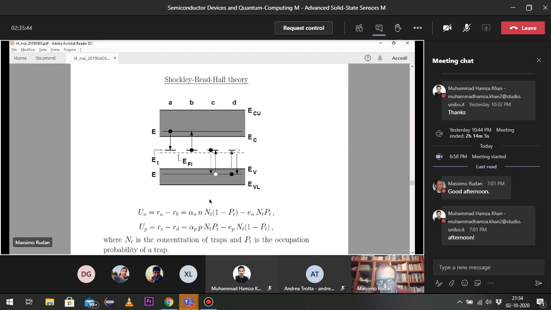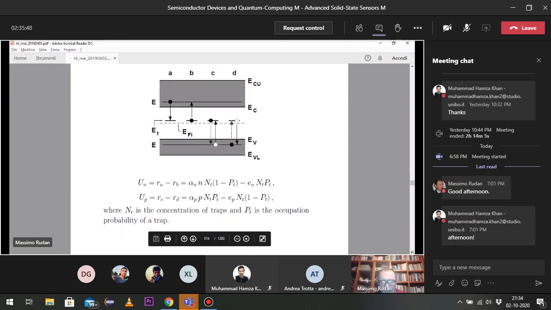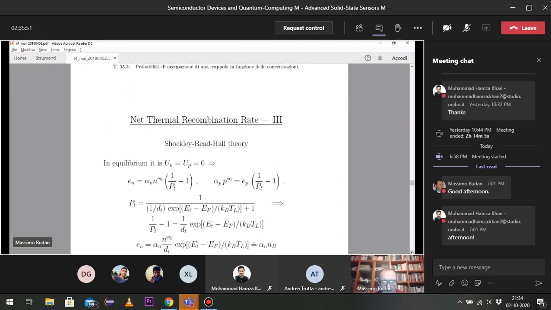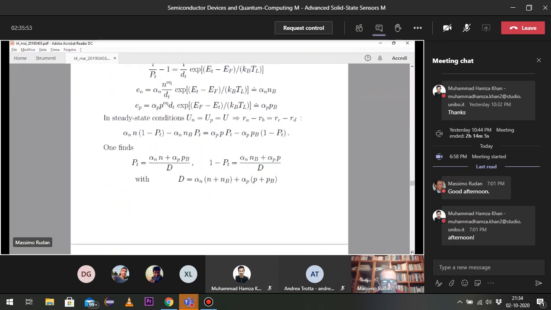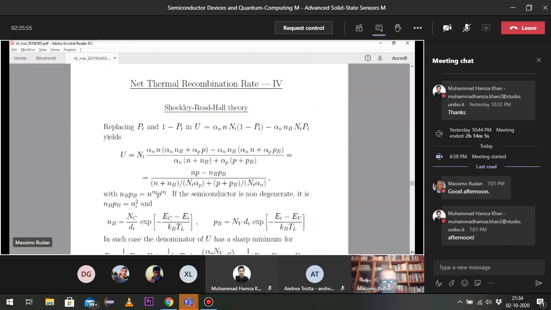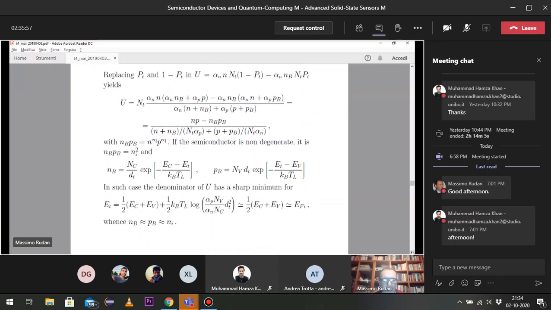Fortunately, we are not going to do it, because consider the expression of U. We ask ourselves, how does U depend on the trap energy? Well, it is visible here. The trap energy is embedded in NB and PB only.